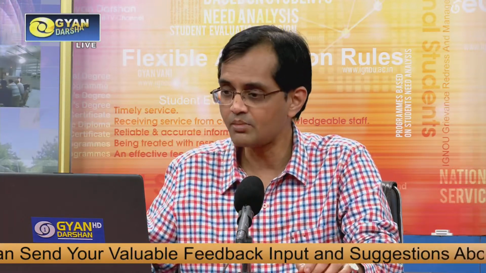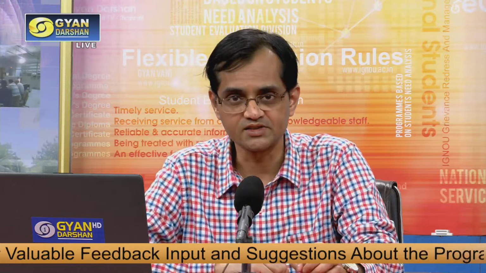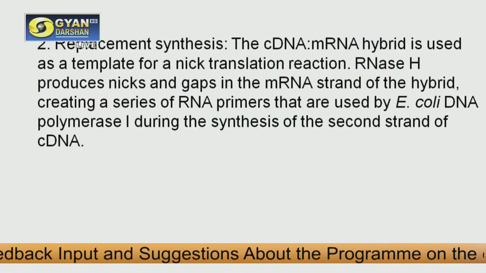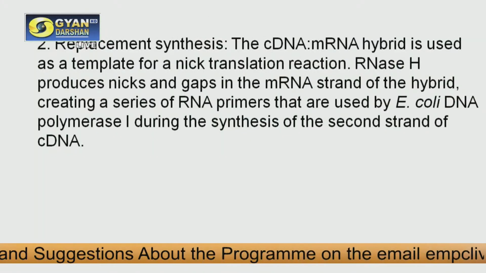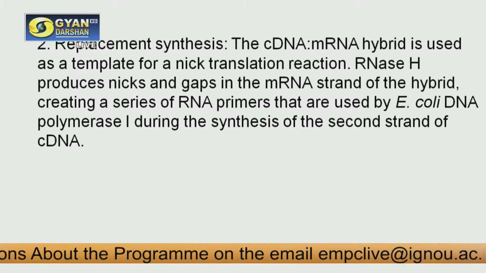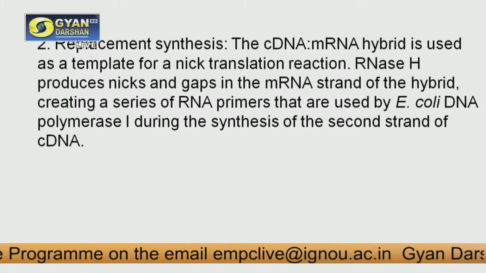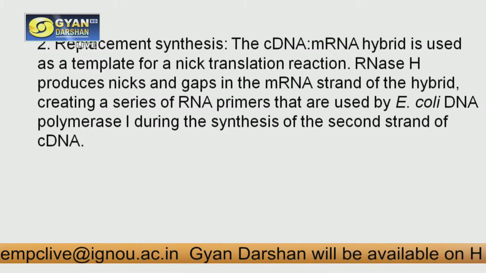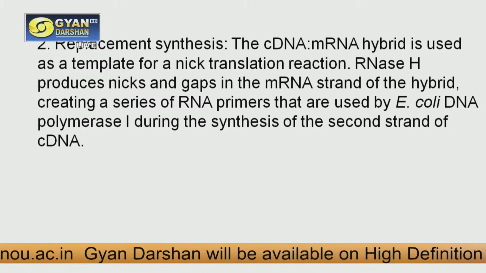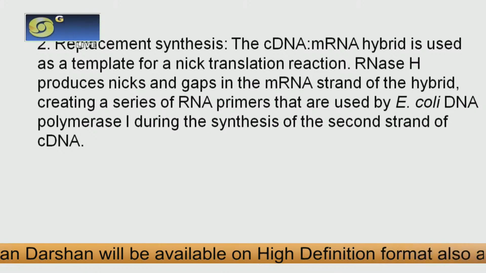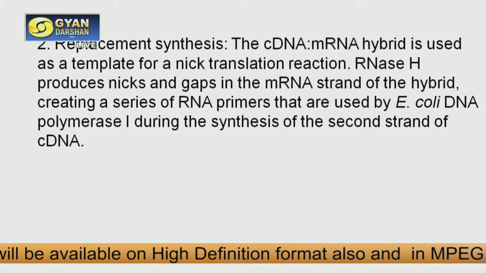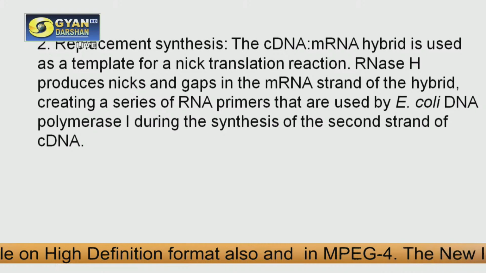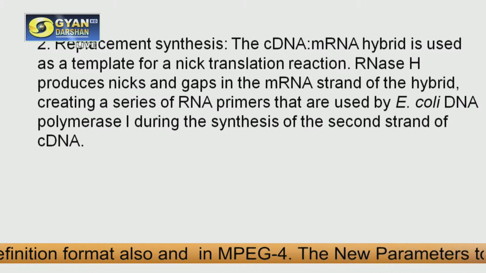The more common method is the replacement synthesis. What happens here? The cDNA-mRNA hybrid is used as a template for a nick translation reaction. RNase H produces nicks and gaps in the mRNA strand of the hybrid, creating a series of RNA primers that are used by E. coli DNA polymerase I during the synthesis of the second strand of cDNA.